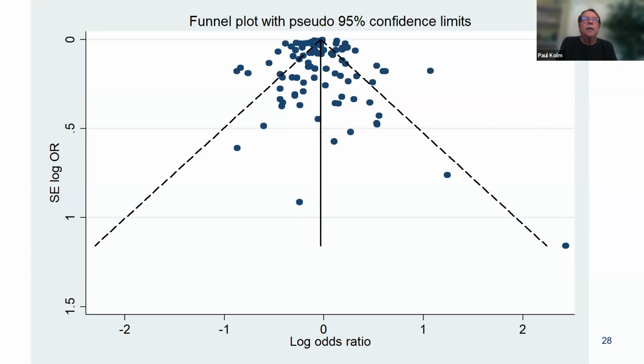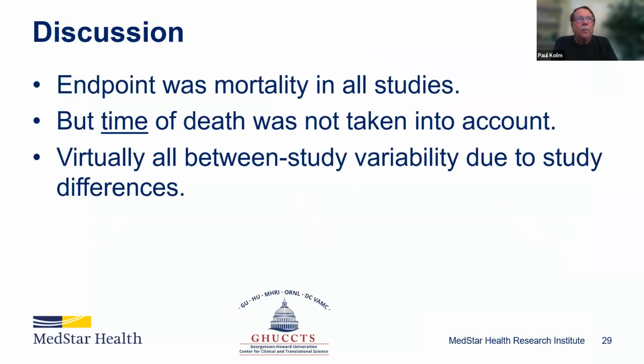So this is indicating that we have some publication bias, or at least in my mind, there is also bias from the timing of mortality, the timing of death in the patients that were included in the studies. Time of death was not taken into account.